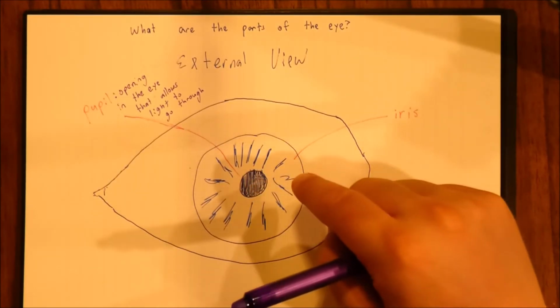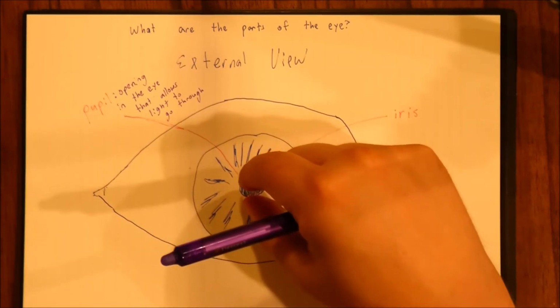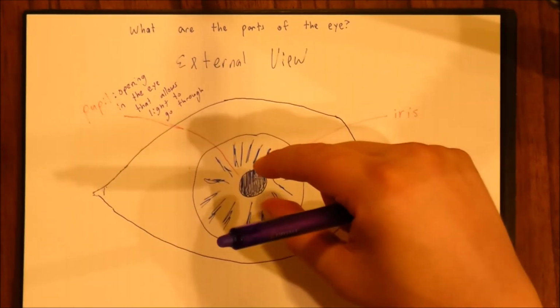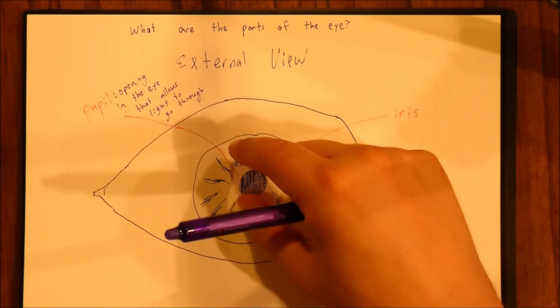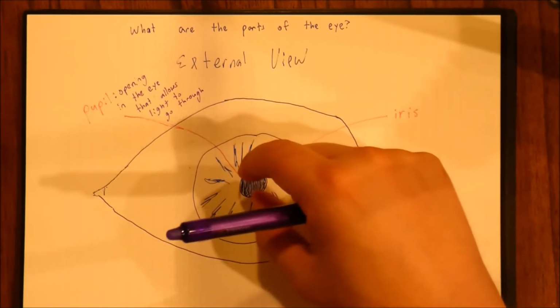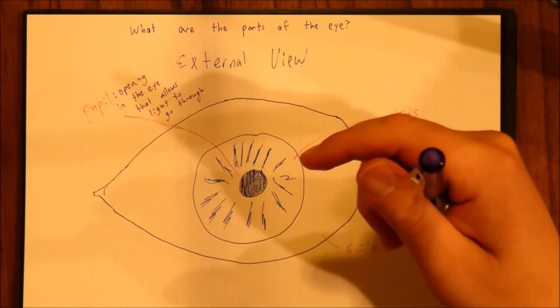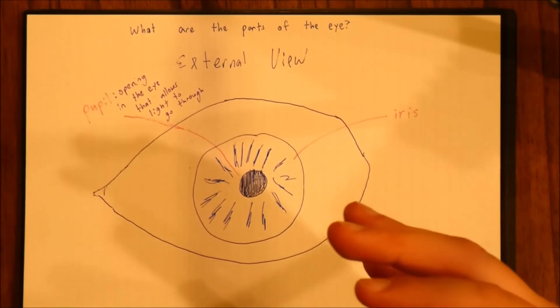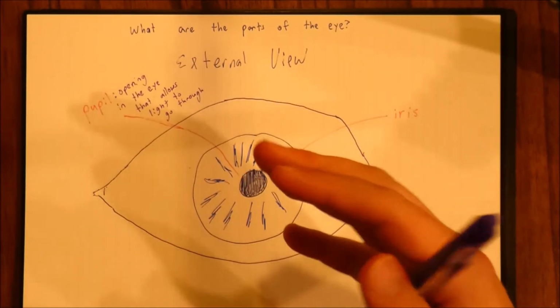If there's a lot of light, it's going to make the pupil small. It's going to shrink it. If there's not very much light, like at nighttime, the iris is going to expand the muscles and allow the pupil to get bigger. So the iris is basically the part of your eye that either shrinks or gets bigger to allow less light or more light into your eye.